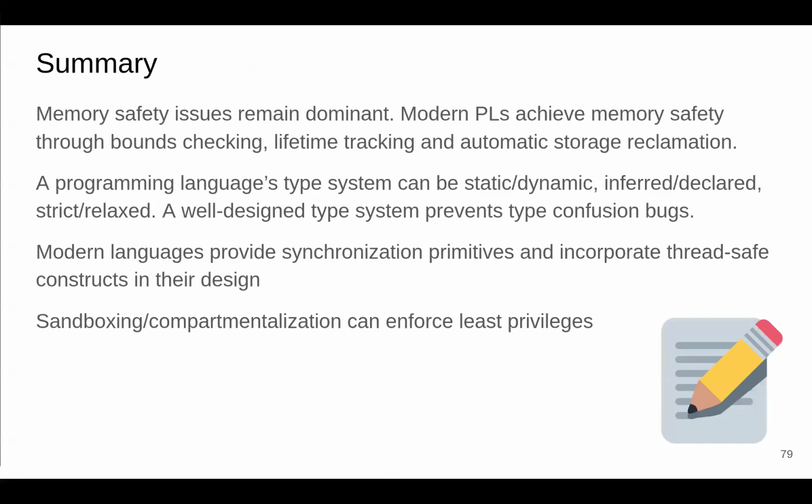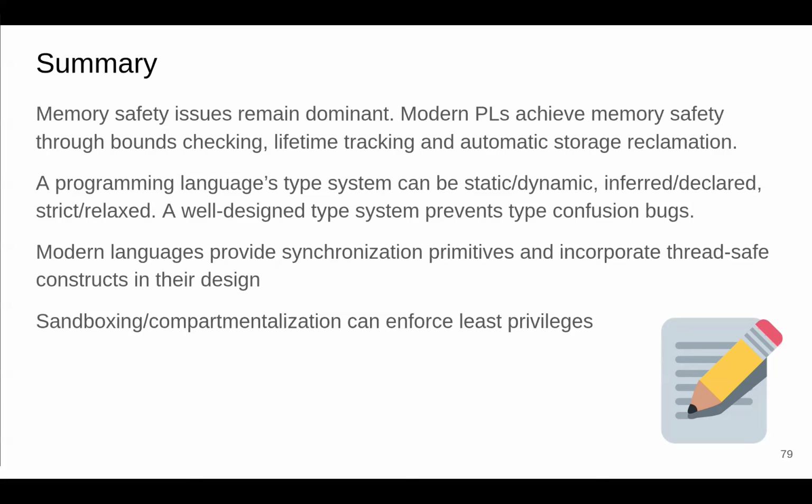So let me summarize. Memory safety issues remain dominant. They're still a key attack vector used on today's systems. Modern programming languages achieve memory safety through bounds checking, lifetime tracking, and automatic storage reclamation, by making this a feature of the programming language itself in the runtime system, integrating the security concepts into the language.